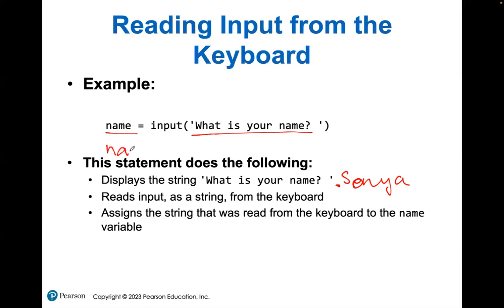So now our variable name equals Sonia. And this is how you store input. It's very simple. This will not be a part of your program. This is just what's happening on the inside, just to show you. So we start with name equals input, what is your name? And at the end, we're going to end up with whatever the user types stored in our variable name.